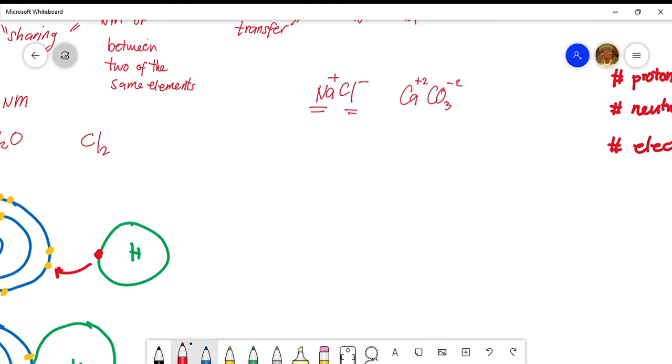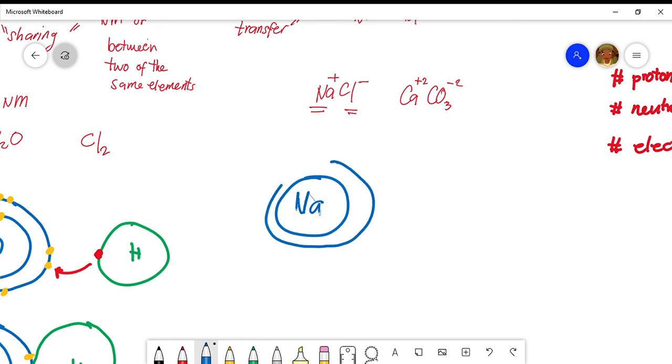Let's proceed to the illustration for the transfer of electrons between ionic compounds. When you look at sodium, you can see that it has 11 electrons. So we have three energy levels for this.